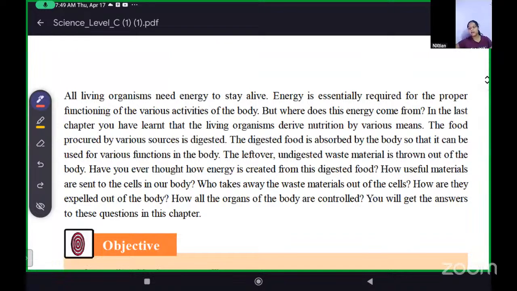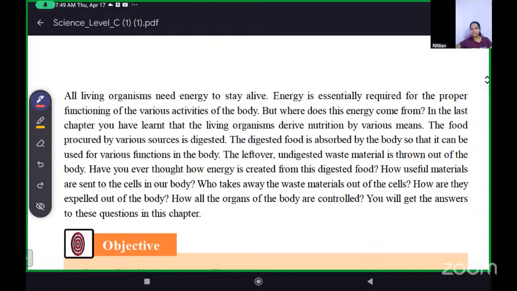In the previous chapter, we talked about how energy is derived from nutrition, right? When animals eat food, they gain nutrition, and through that they derive energy. The food procured from various sources is digested.